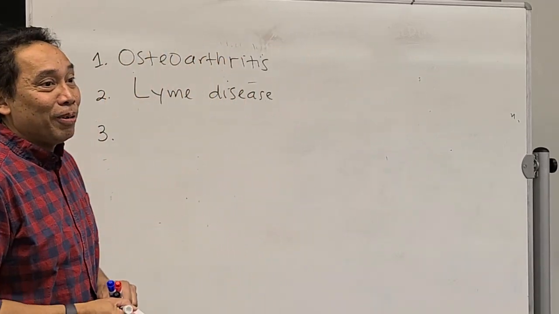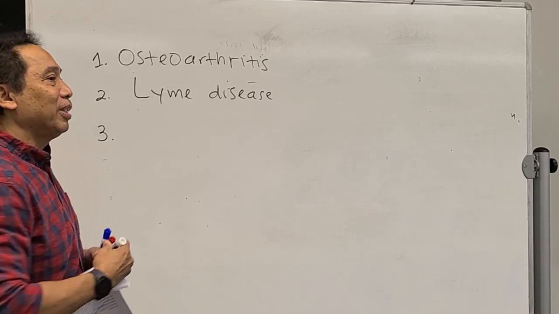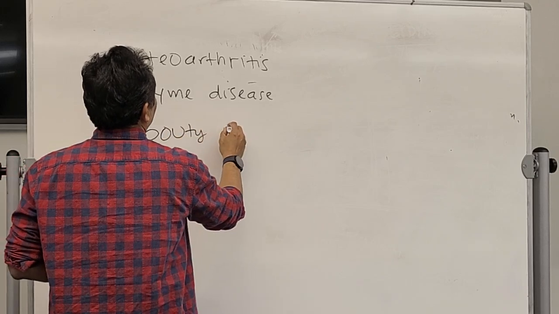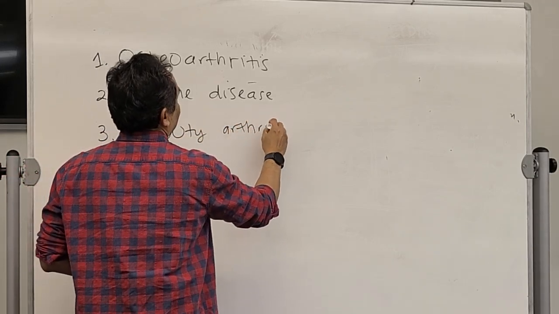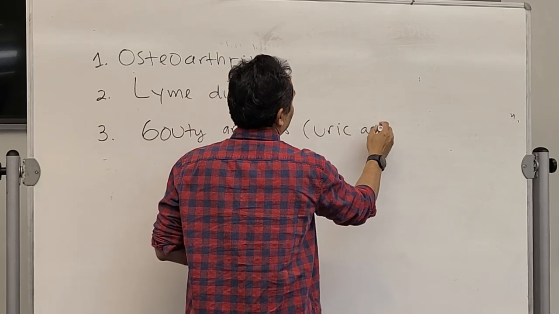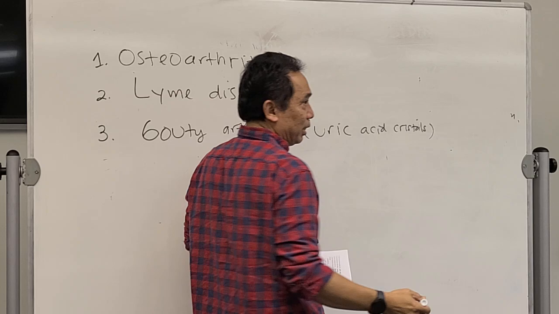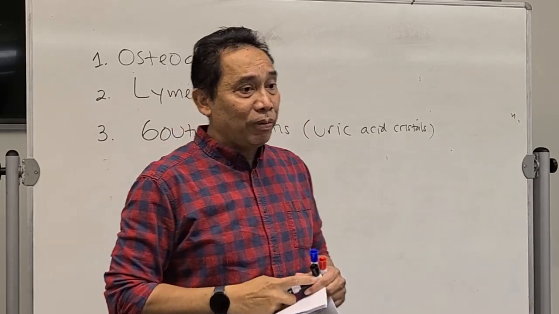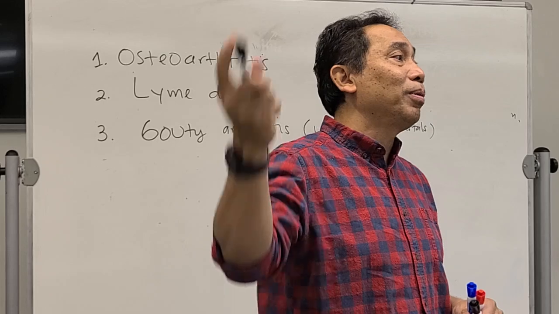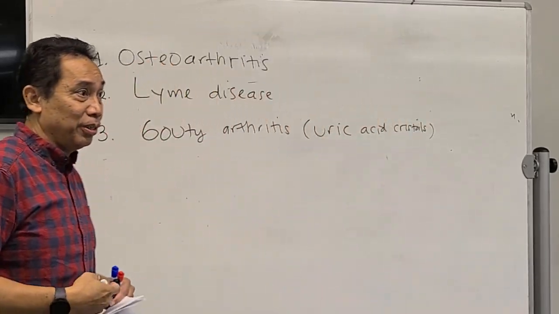Does anybody know the name of that disease? Gouty arthritis, caused by uric acid crystals. Why does it attack the lower part of our body? Because crystals are heavier, they will go down, based on gravitation.